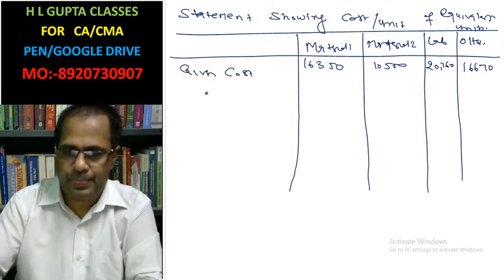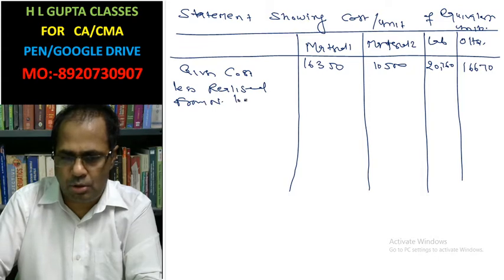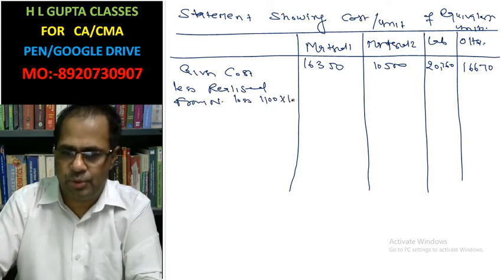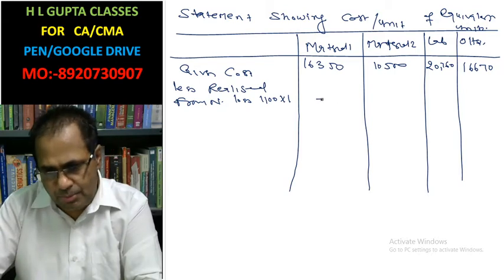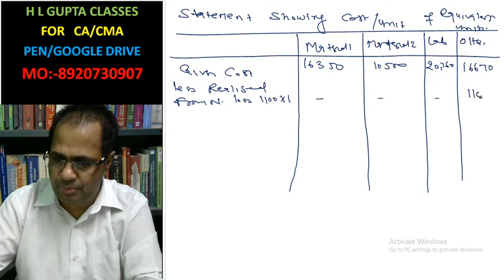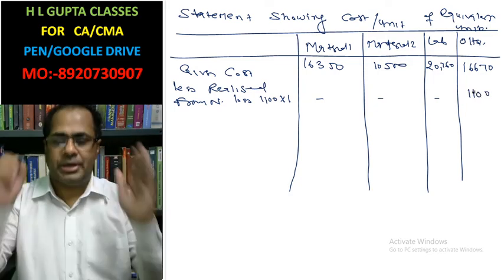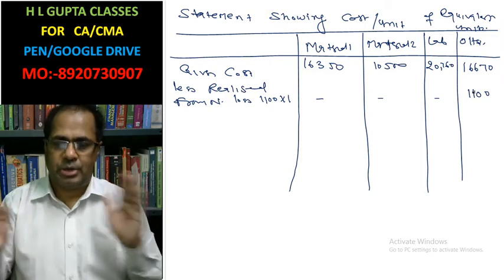Less realized from normal loss, 1100 into 1. Either you can subtract from these or these, but I am going to subtract here. In your book it is subtracted from here. You can subtract from material first or material second, you can decide.